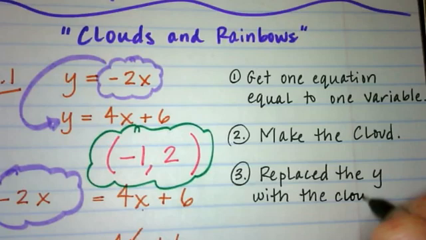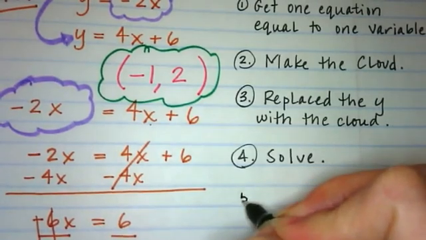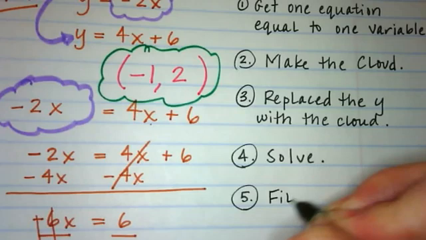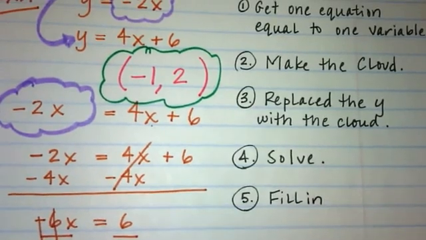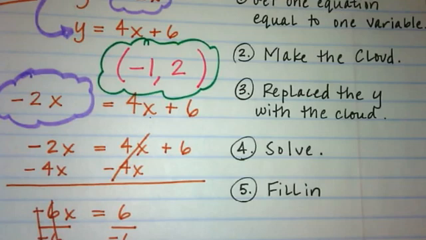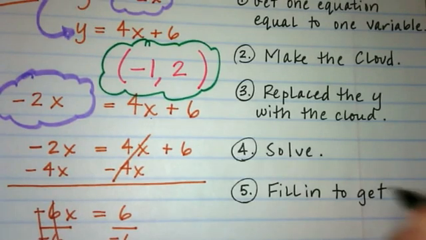Then we went through our steps to solve. And then once we found what x equals, we had to fill in, which is again substituting in the value of negative 1, to get the point. And again, we're looking for the point where the two lines meet.